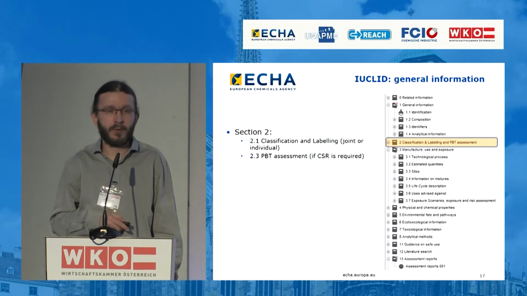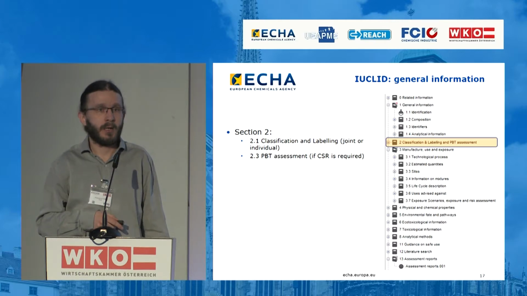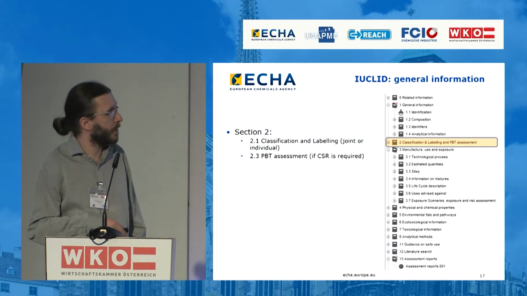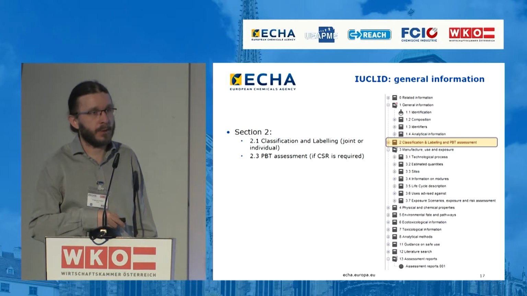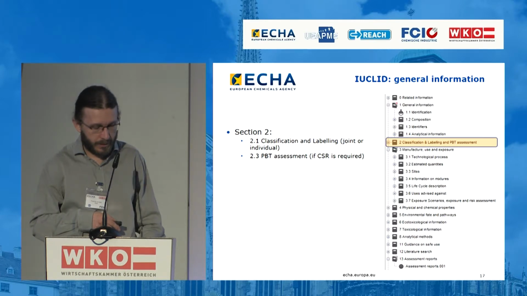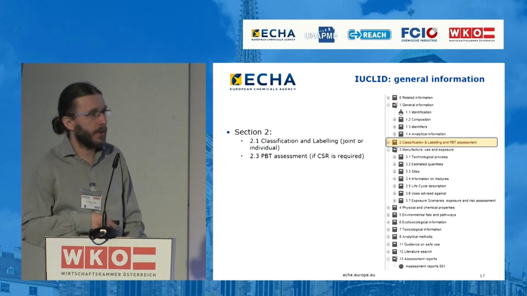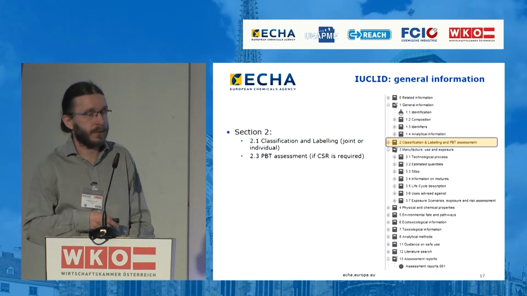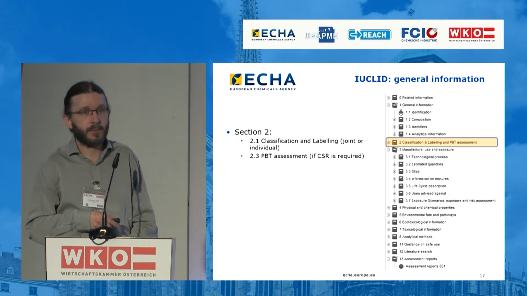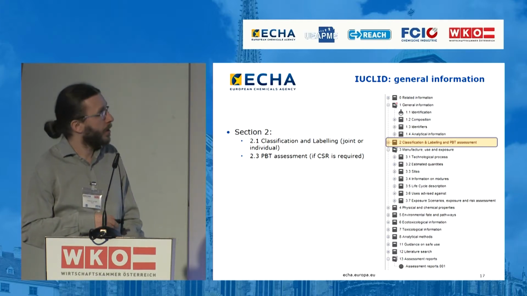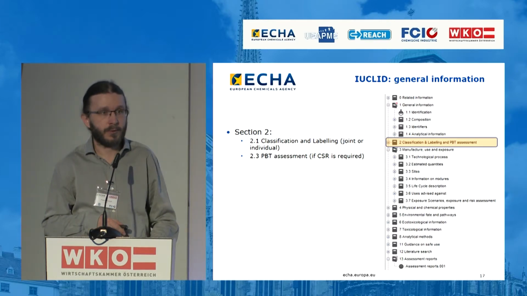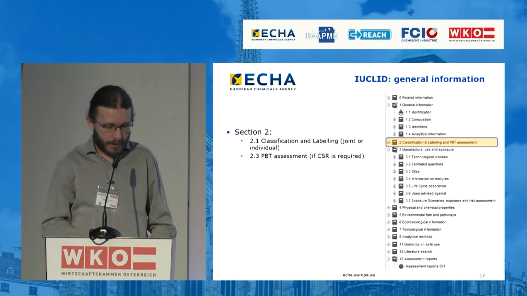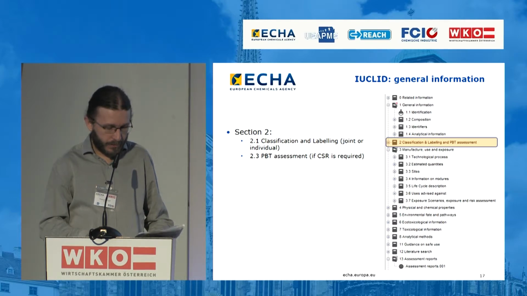If all the members of a joint submission agree with the classification and labeling, or if there is a harmonized classification and labeling as well, then this information will only be available in the lead dossier and not in the member dossiers. If the members, of course, have a different classification because of some specific impurities, then an opt-out is possible from the joint submission, and it's possible to provide your own classification and labeling for your specific substance.